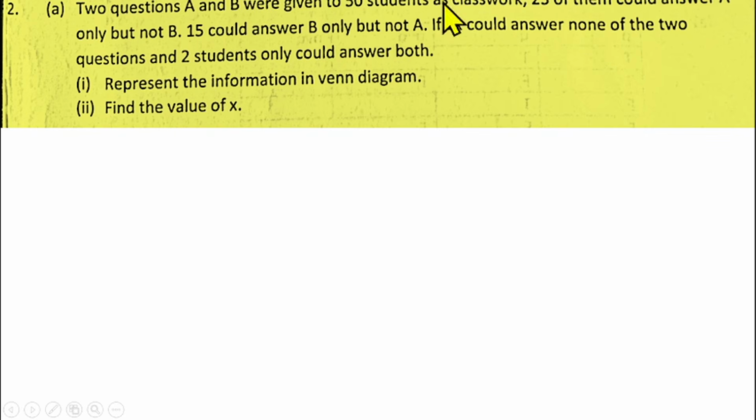Now there's an issue with the question itself. I didn't arrange it well. I don't know what happened there. But nevertheless, I can tell you what is there. Two questions A and B were given to 50 students in a classwork.